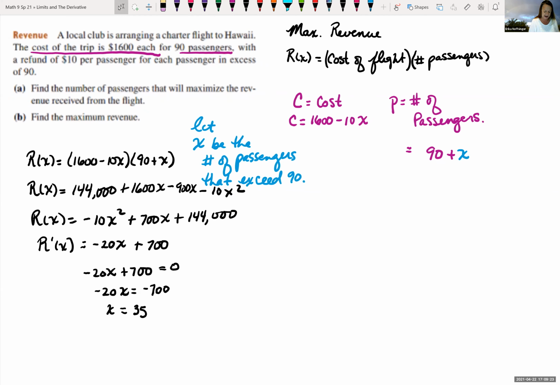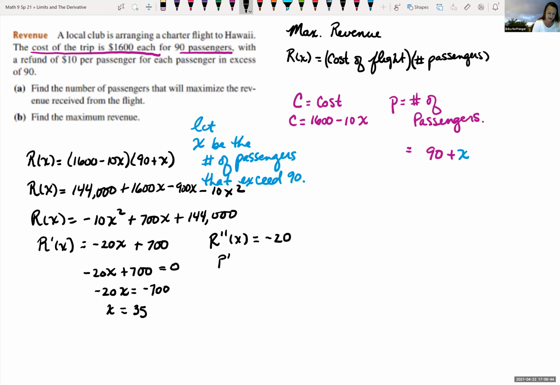And let's make sure that this is a max. There are a couple of ways we can see that this is a max. Let's use our second derivative test. Taking the second derivative of negative 20X gives negative 20, and the derivative of a constant is 0.